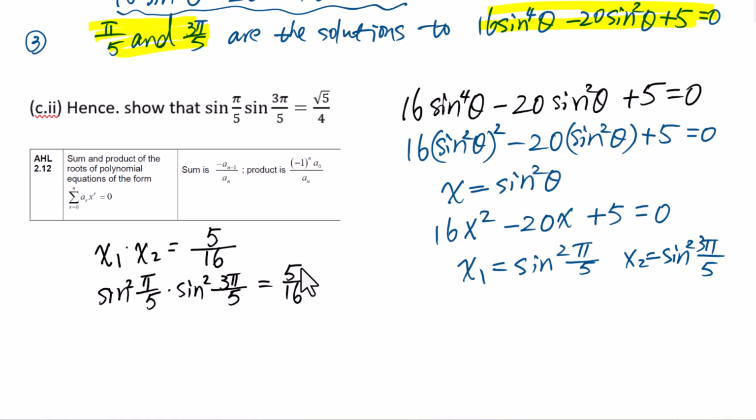Square root both sides: sin(π/5) times sin(3π/5) equals √5/4.